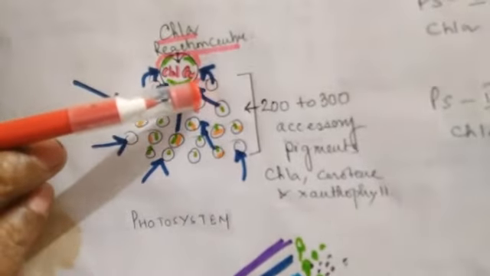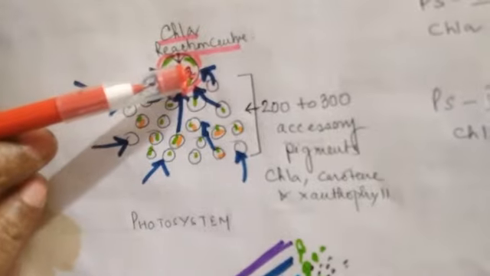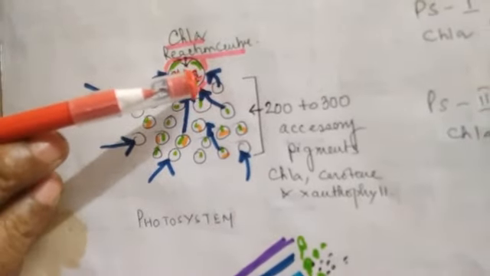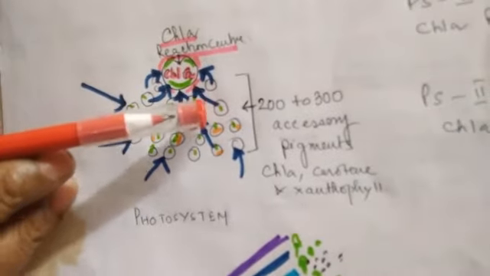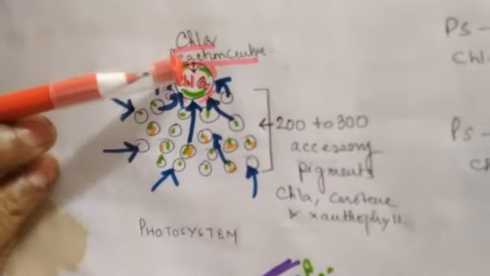So there is a big difference in their absorption wavelengths. Photosystem 1 has P700 and photosystem 2 has chlorophyll A P680. So these are the two light harvesting complexes, which act as a light trapping system.